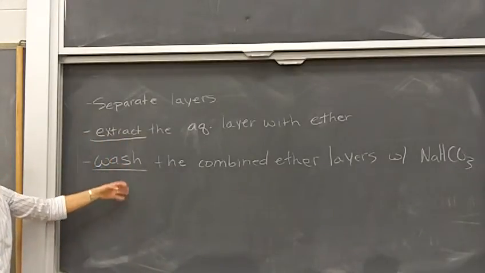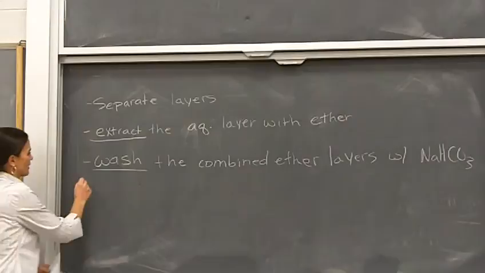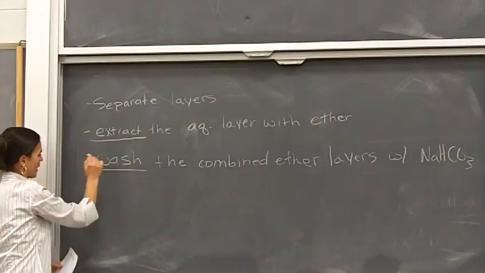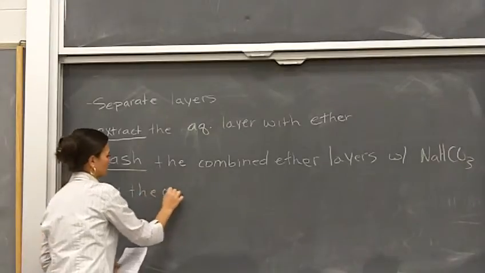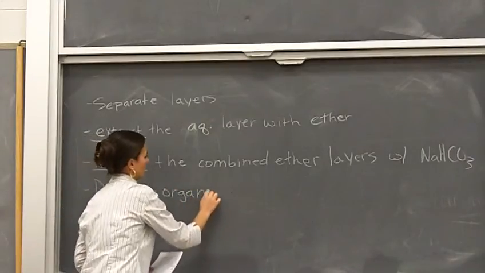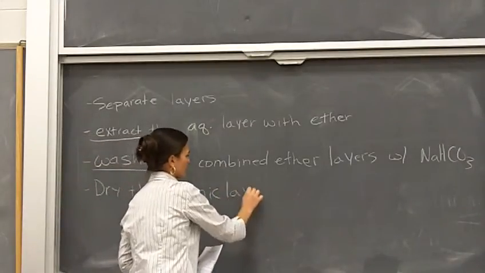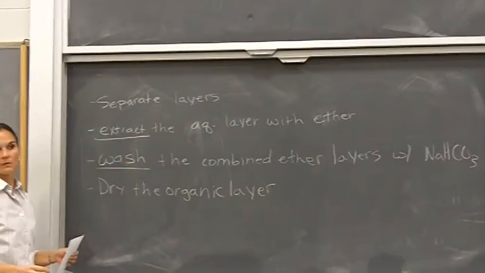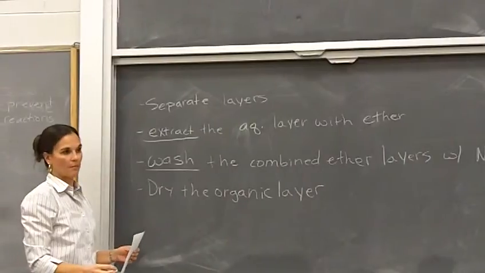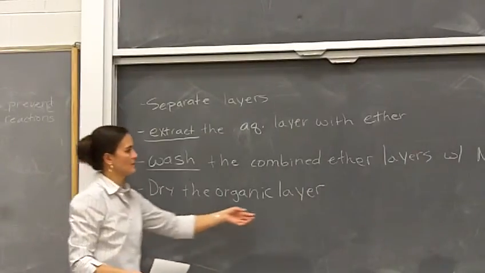So once you have done these 2 steps, we've got extract, wash, and then we're going to dry the organic layer. So that's your ether layer, which should be which layer, top or bottom? Top layer, right? Ether's less dense than water.